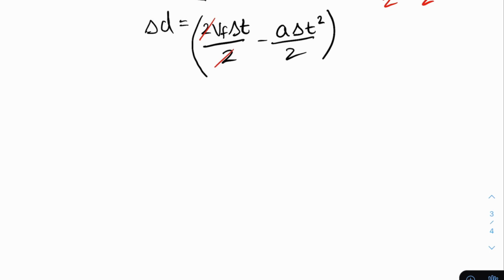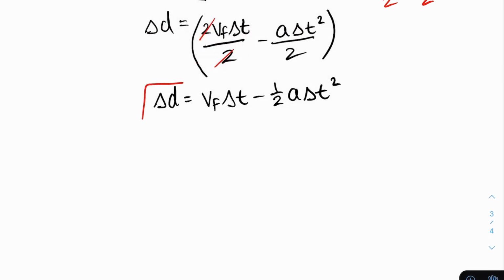Now in this case, notice that we can cancel out the 2 to simplify our expression once again. Delta D equals V final delta T minus 1 over 2 A delta T squared. This is it. That's our equation.